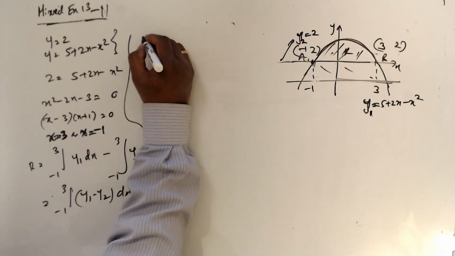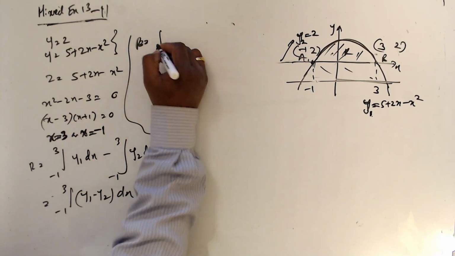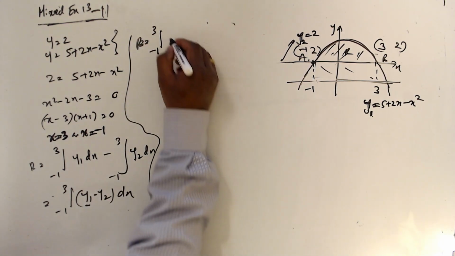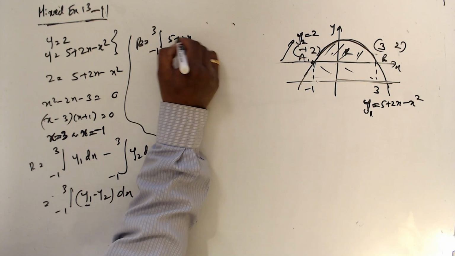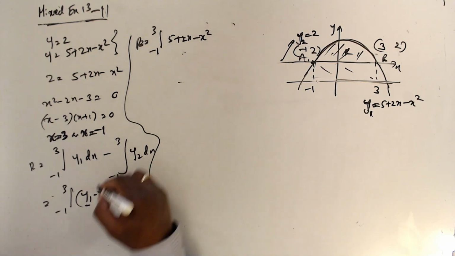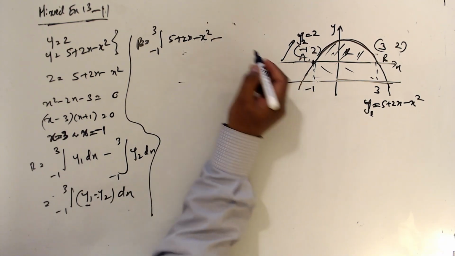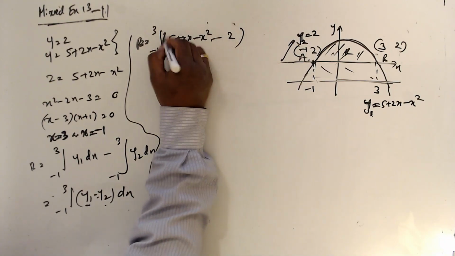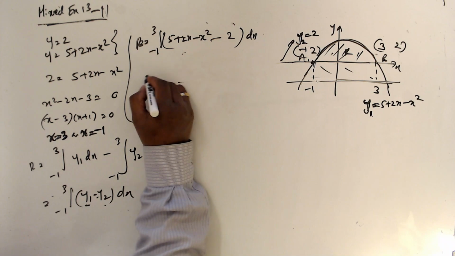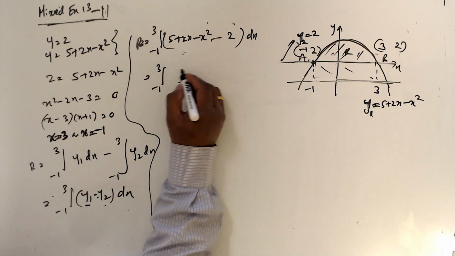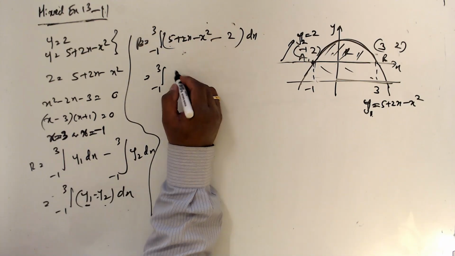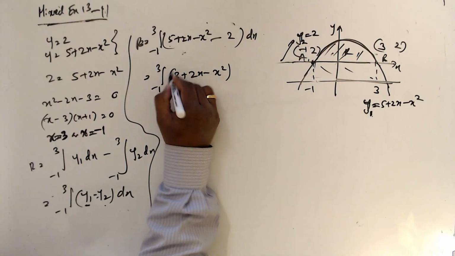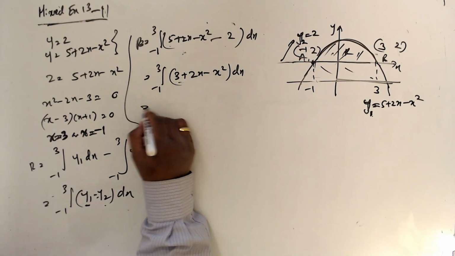So r equals the integral from minus 1 to 3 of (5 plus 2x minus x squared) minus 2, dx. So this is going to be 3 plus 2x minus x squared, dx.